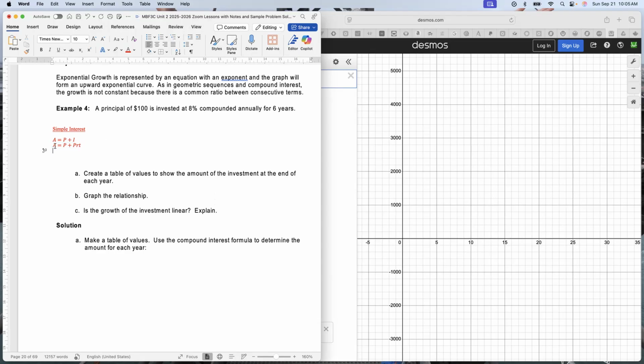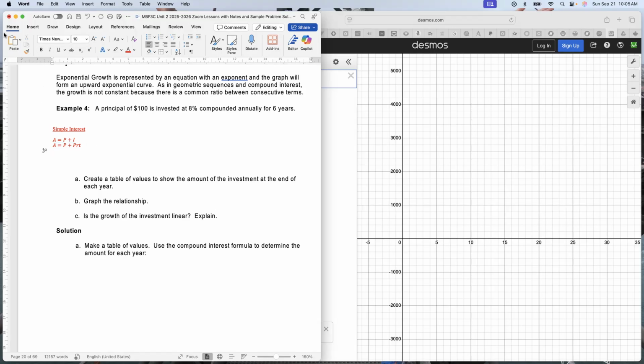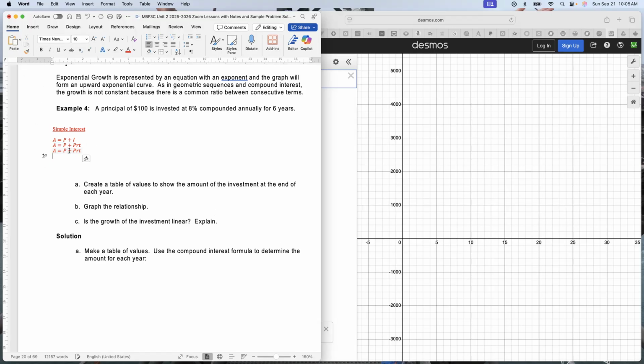Here there's a P common, so I can factor the P out and put a bracket: P times (1 plus RT). That would be how you would find the amount with simple interest in one step. Okay.